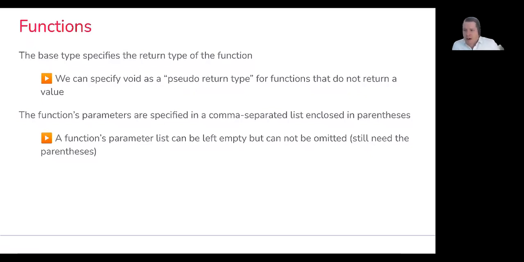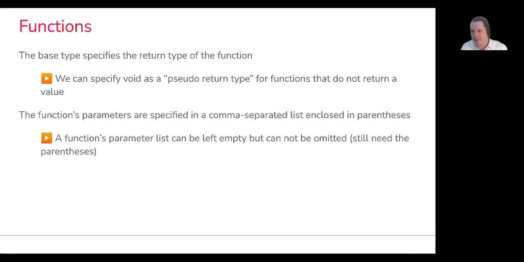A couple of things to keep in mind as we're crafting our functions: the base type is going to specify the return type of the function, the type of the value that we're getting back upon execution of this named sequence of statements. If our function is not going to return a value, we can specify void as a pseudo return type to communicate that no value is going to be returned to the caller after the function has been executed.